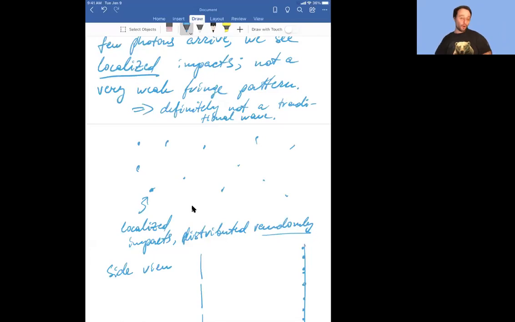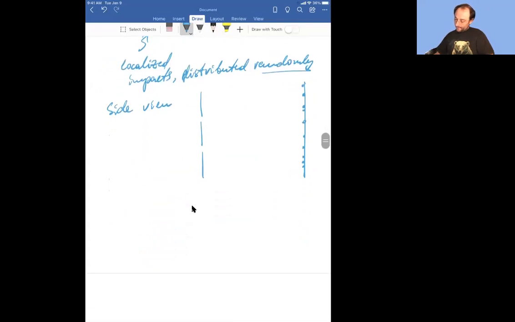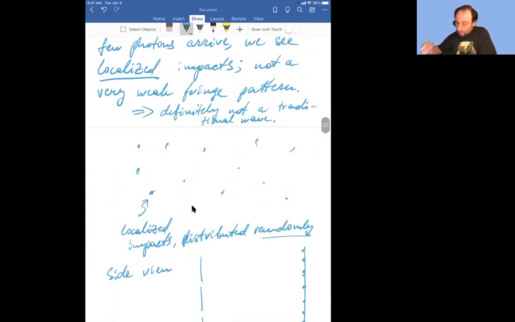But before I tell you more, I want to pause, step back, and digest. I want to ask you a question. So far, this fits a traditional particle picture. Localized impacts sound like a particle. So what's the big deal? Well, what do you predict will happen if we send more and more particles, and the photographic paper accumulates where those impacts occur?